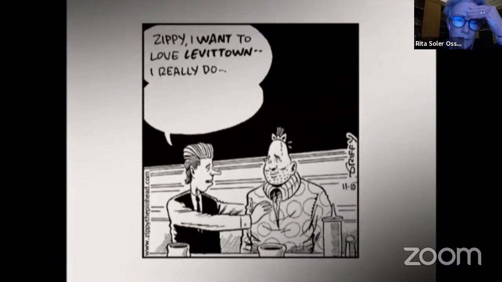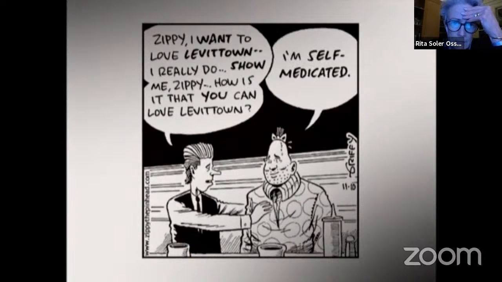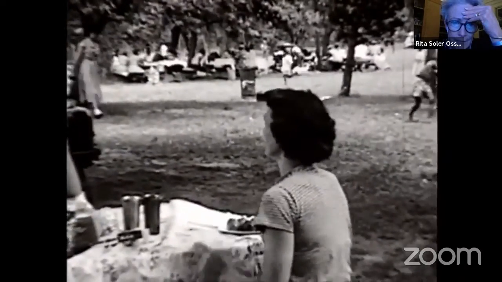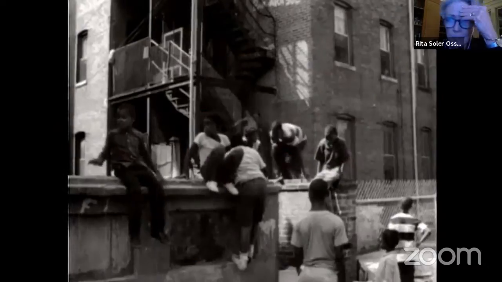You can't keep that up forever. Whether there were going to be black people in Levittown would be almost the equivalent of saying, are there going to be Martians in Levittown? Basically, the idea of whiteness is who's included, who's part of the family, and it has material consequences.